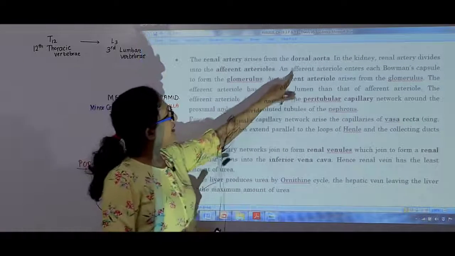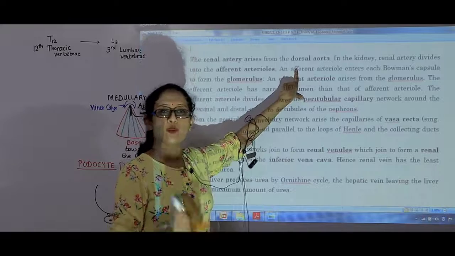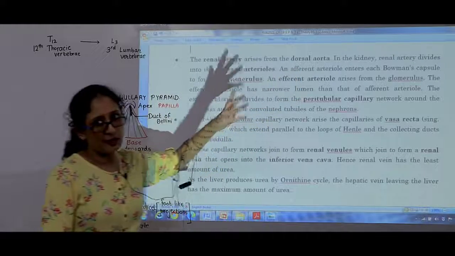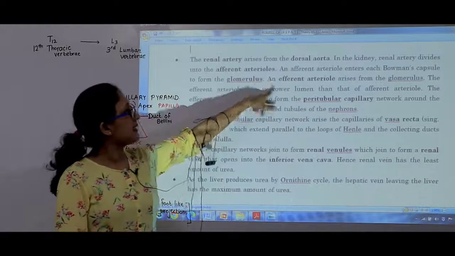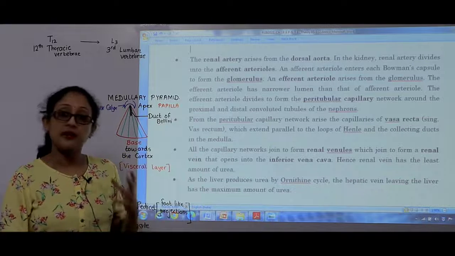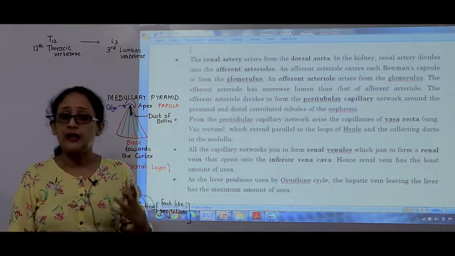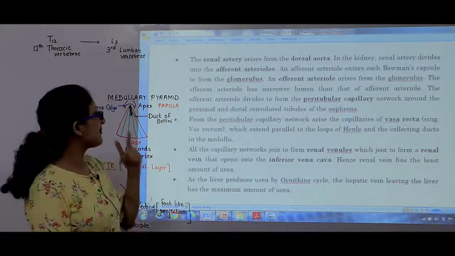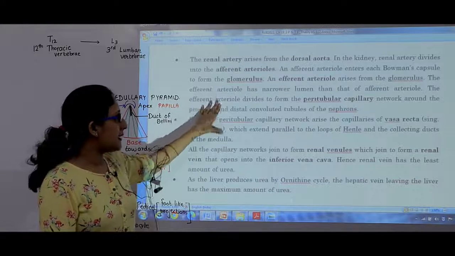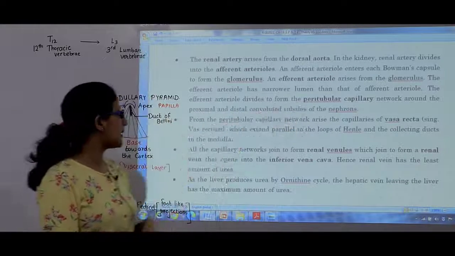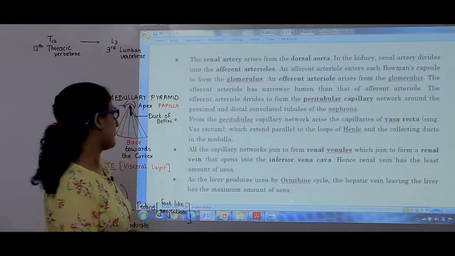So a larger diameter afferent enters the Bowman's capsule, I told you, carrying 10 amount of urine, and smaller diameter efferent leaves it. This increases the pressure inside the glomerulus. The efferent later continues as peritubular capillaries and the vasa recta.